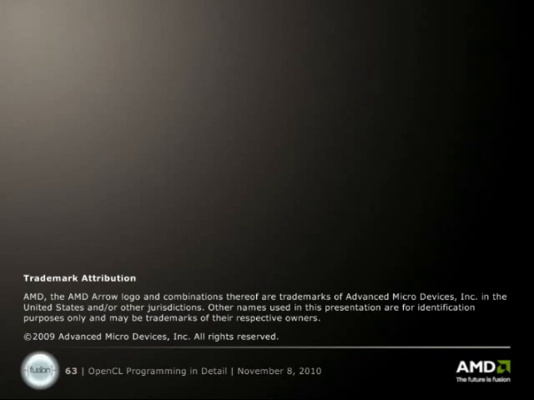But I know, for example, with a dual GPU card like the Radeon 5970, the last I'm aware, you were not able to transfer data between the two GPUs, but had to come back to the host. This is something that may change in future releases of different implementations. So it's probably possible in theory. It's really a question of implementation.